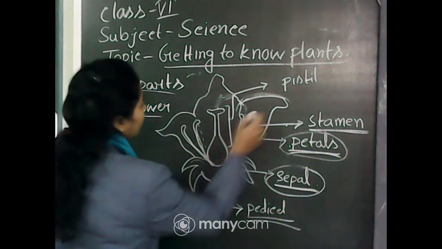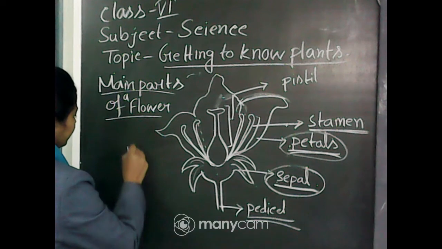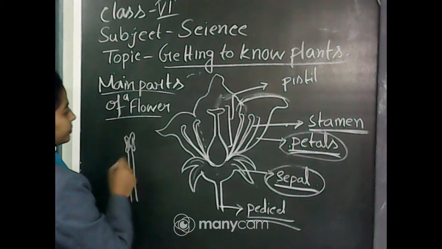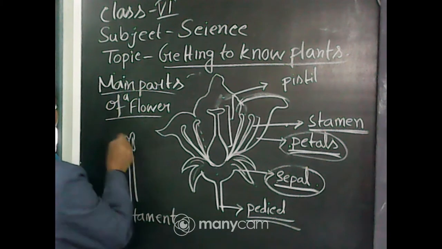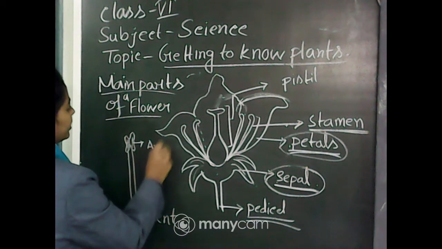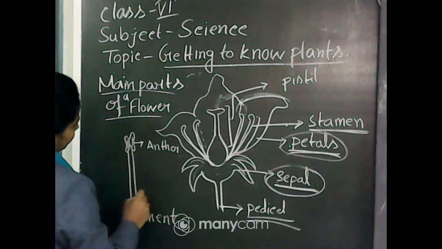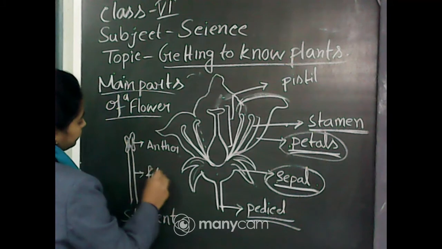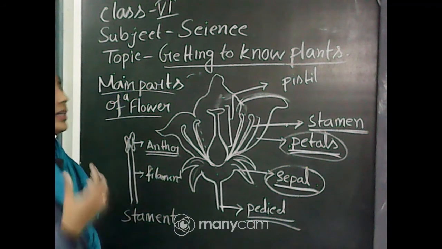If we want to draw a stamen, then we can see, if this is a stamen, this is the full structure of a stamen, where this portion is known as the anther and this pipe-like structure is known as the filament, and this anther bears pollen grains.